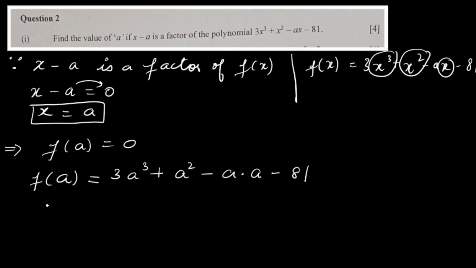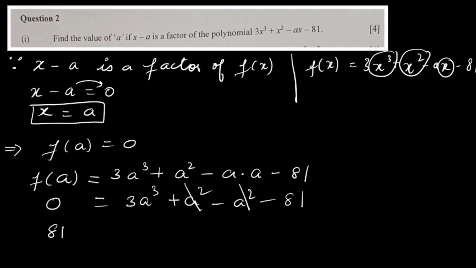We know f of a is equal to 0. So this is 3a cube plus a square minus a square, since a into a is a square, minus 81. So plus a square and minus a square get cancelled. So minus 81, let us shift to the other side. So 81 is equal to 3a cube.